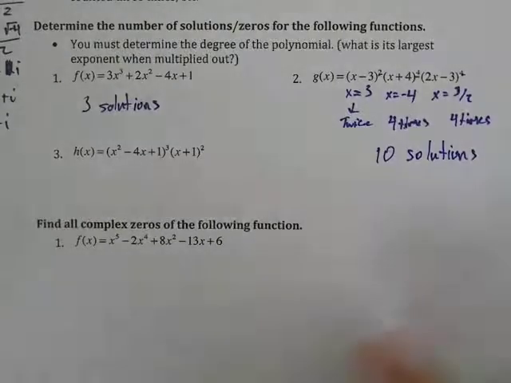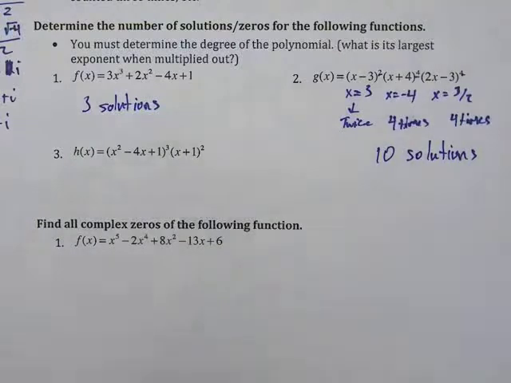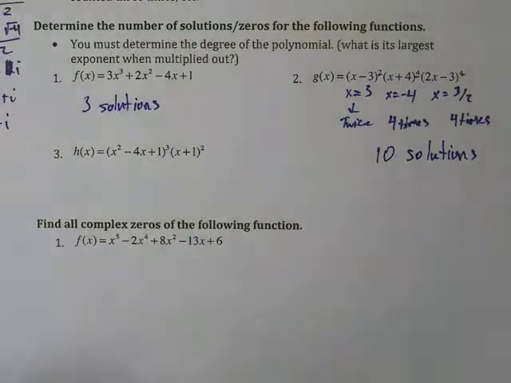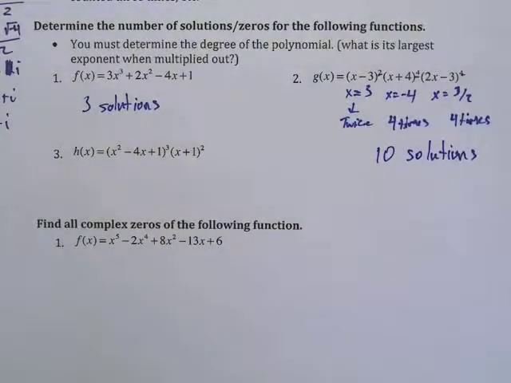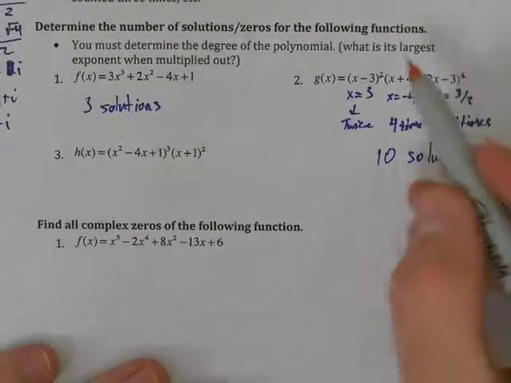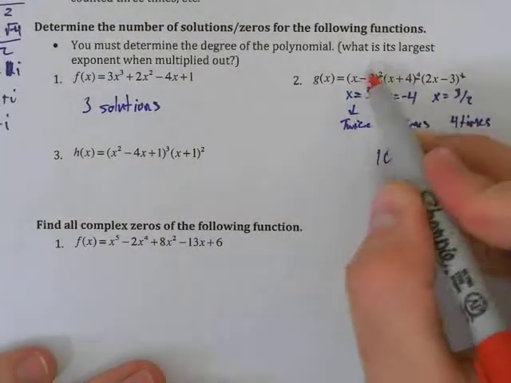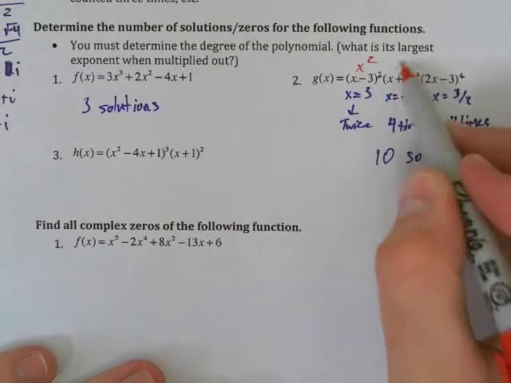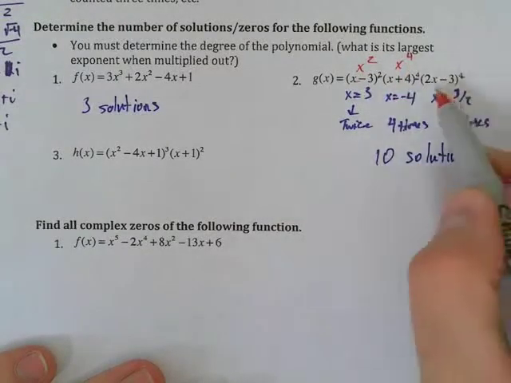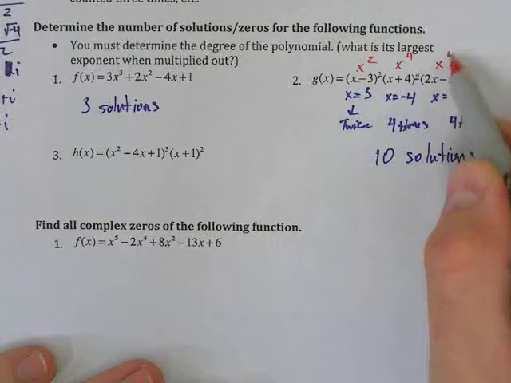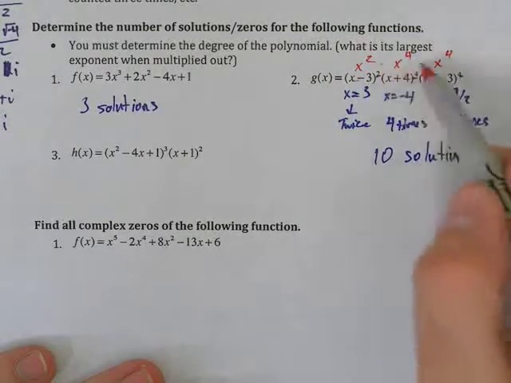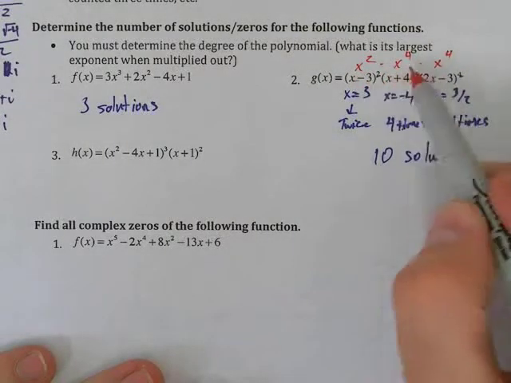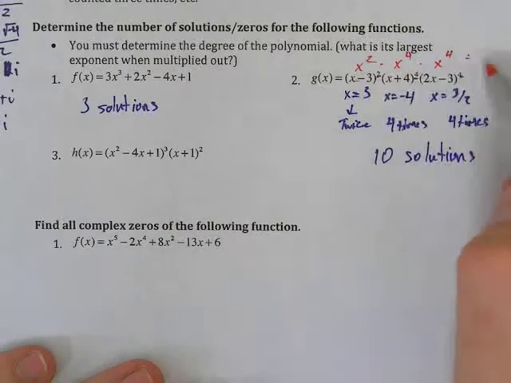So another way to think of this one is if you were to multiply this out, and I don't want you to because it's a lot of work and it's unnecessary work, but if you were to multiply this out, when you multiply this one out, you get an x squared as the highest term. When you multiply this one out, you get an x to the 4th as the highest term. Same thing with this one, you get an x to the 4th as the highest term. Well, then when you multiply all these together, x squared times x to the 4th times x to the 4th, you get x to the 10th.